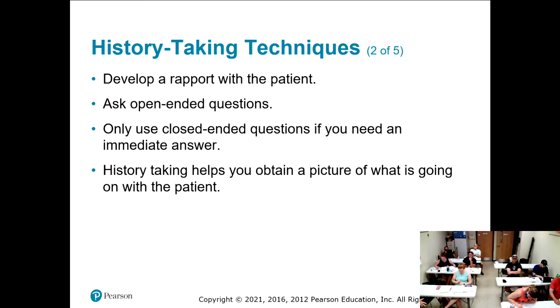We'll use closed-ended questions if there's some sort of immediate answer you need. Trying to think of one off the top of my head. Do you feel safe? Did you fall? That can be one. How far did you fall? Would that be open-ended?